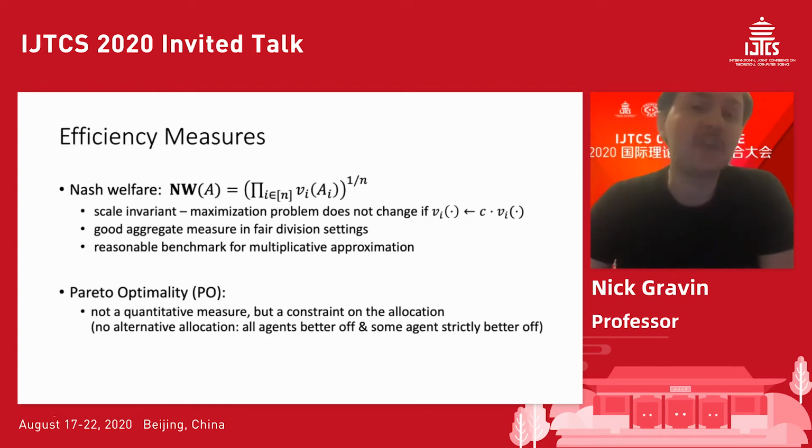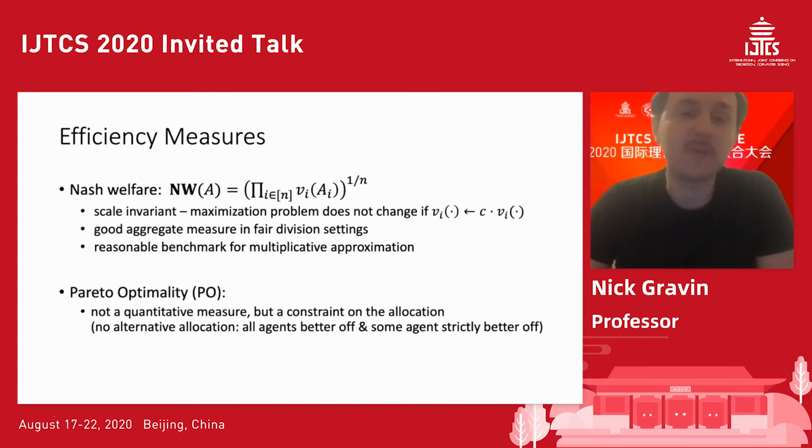Another efficiency measure that people often use in the context of fair division is Pareto optimality. It's not a quantitative measure; we cannot say it has a quantitative magnitude. It's actually a constraint on the allocation. Formally, we say that an allocation is Pareto optimal if there is no way to improve it.